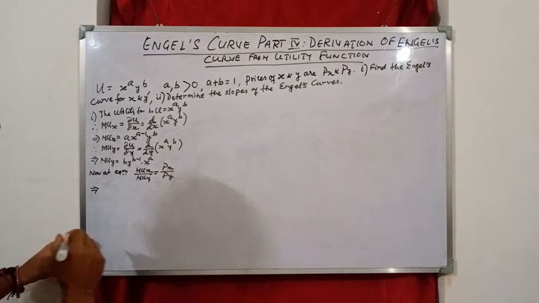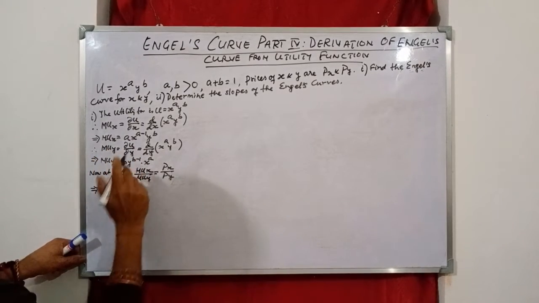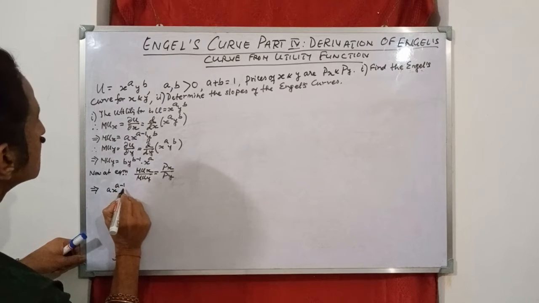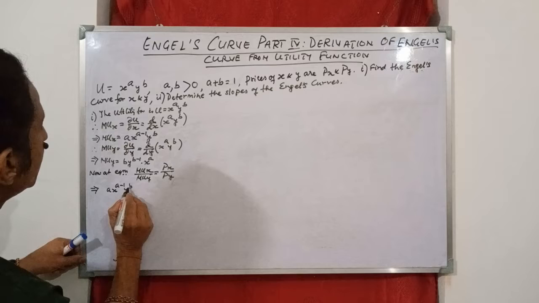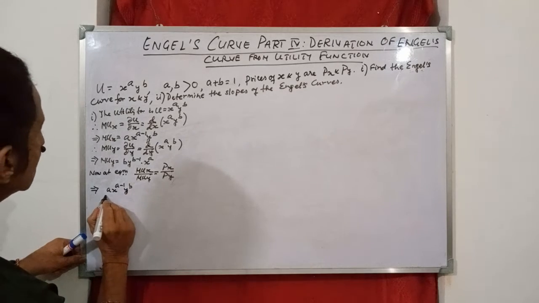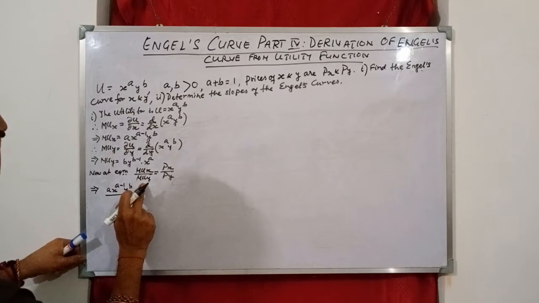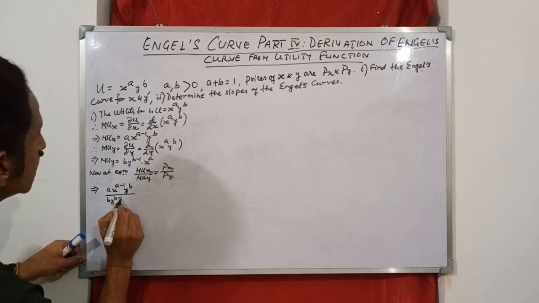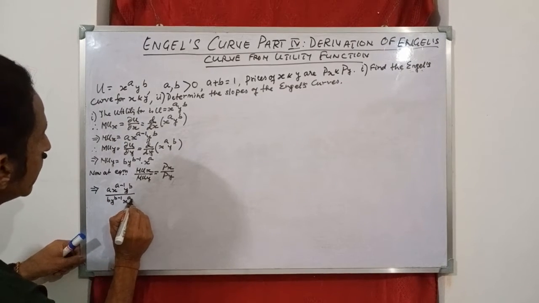What is mu x? a x to the power a minus 1 y to the power b, over mu y, that is b y to the power b minus 1 into x to the power a.